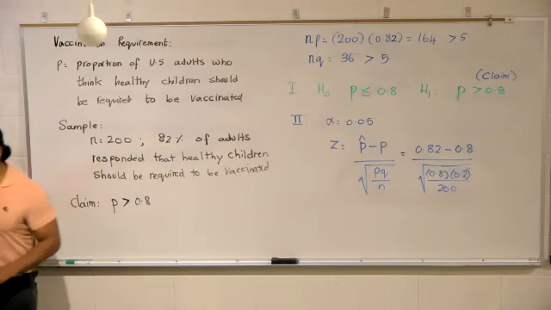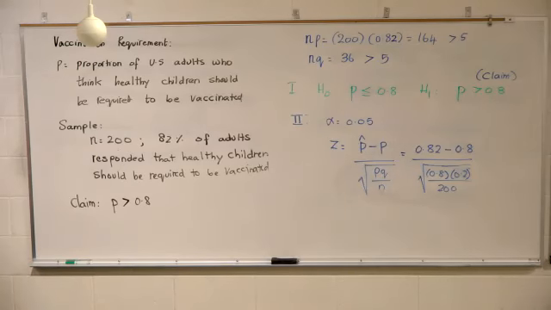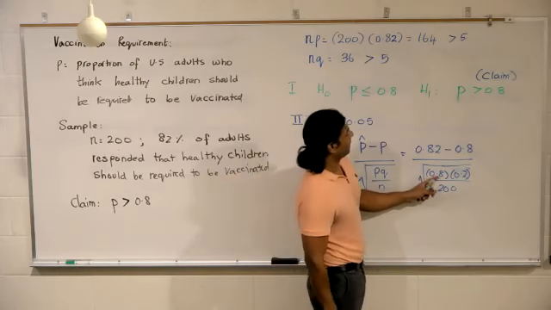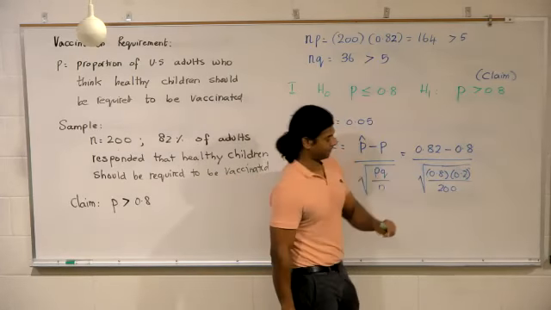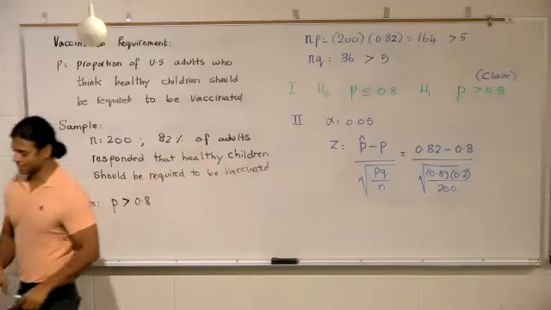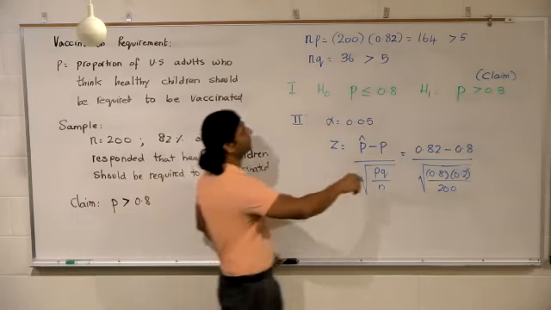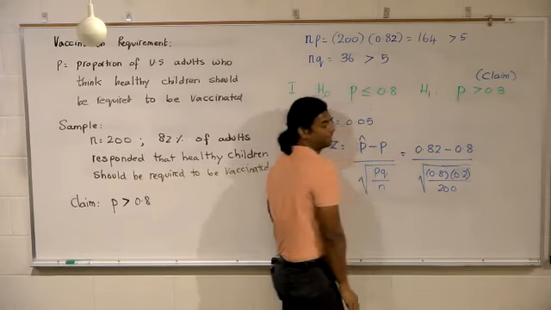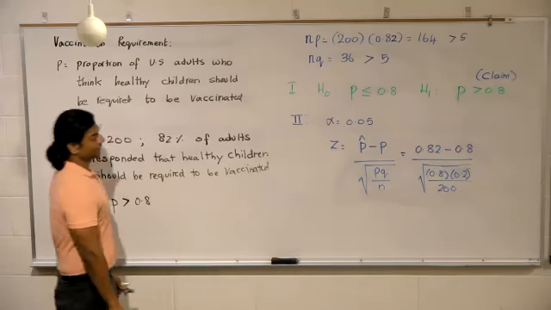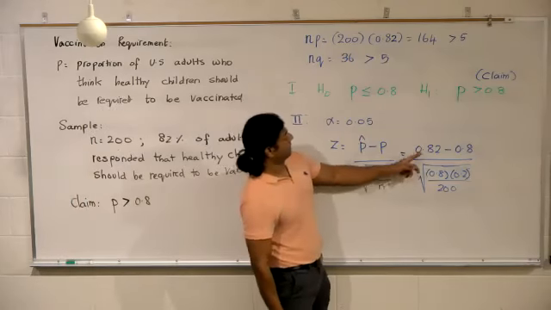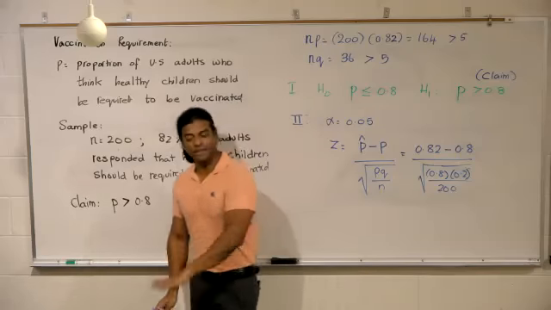So the most common mistake is using 0.82 instead of 0.8. It is a common mistake because most textbooks would go for using the reference value. But there is another test where one can use P hat instead of P naught.